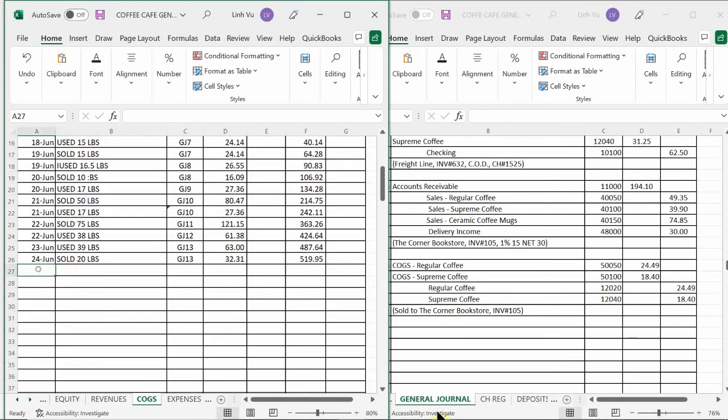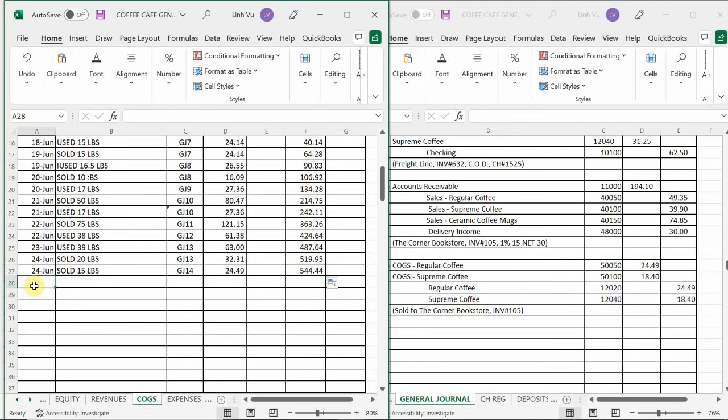For the regular coffee, we sold 15 pounds, and it's on page 14 for 24.49. $544.44. Yes.